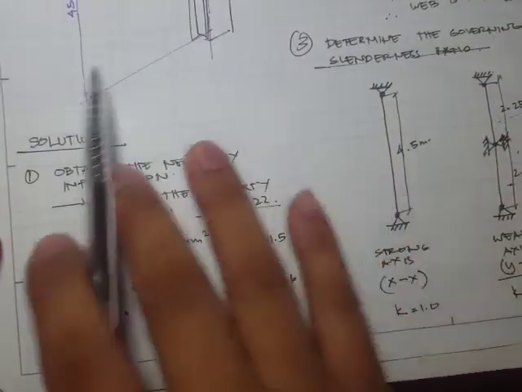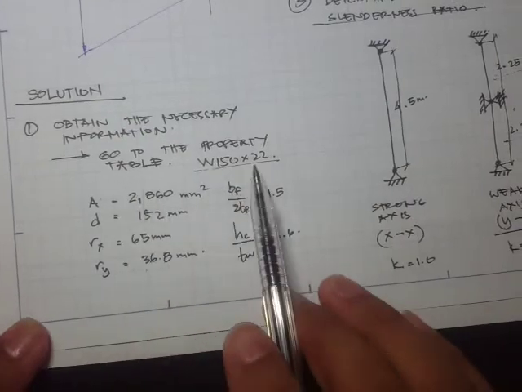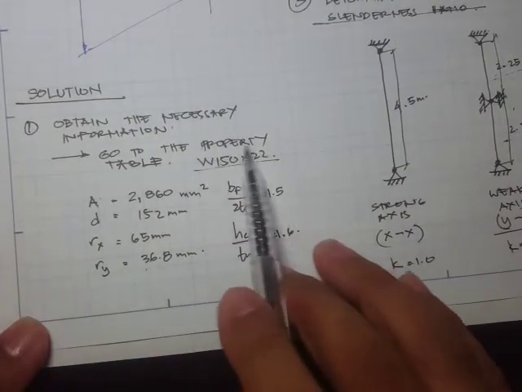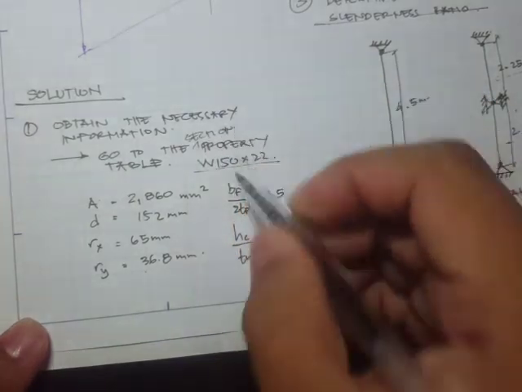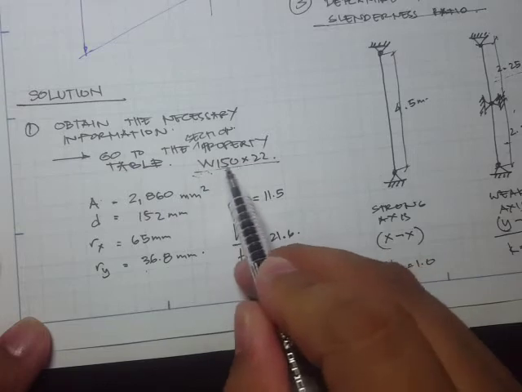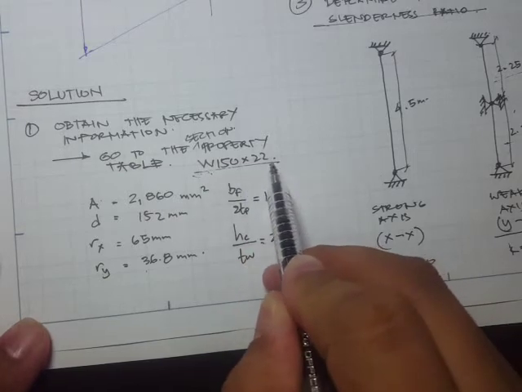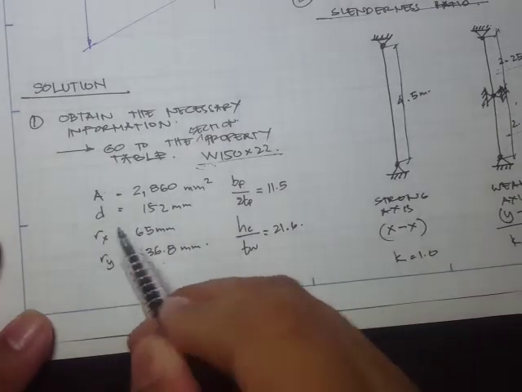So we obtain the necessary information from the section property table, and we find this steel section W150 by 22.